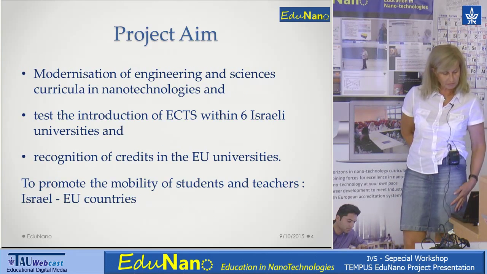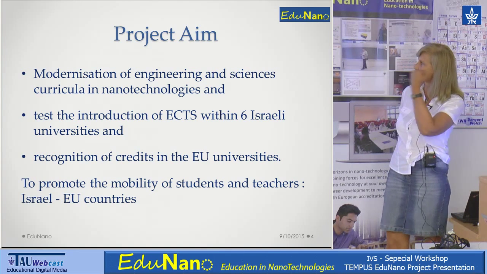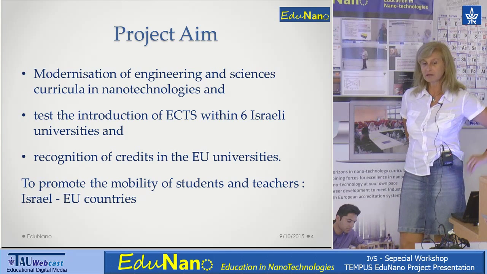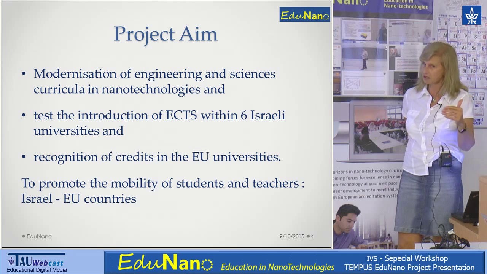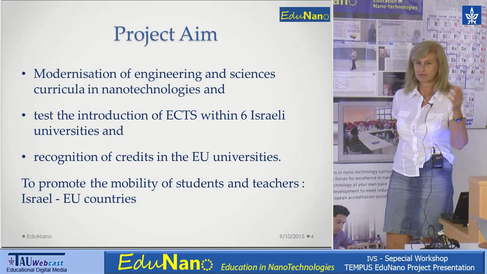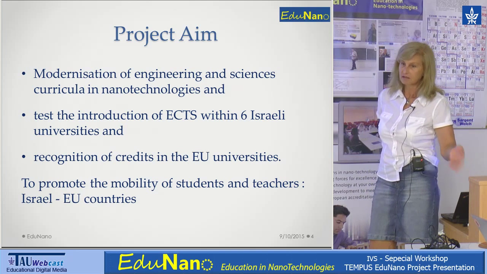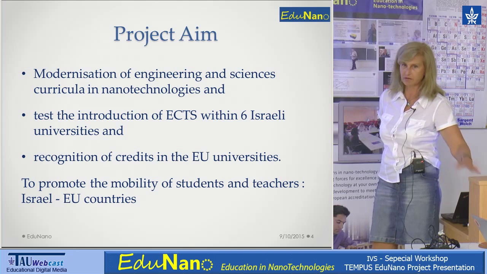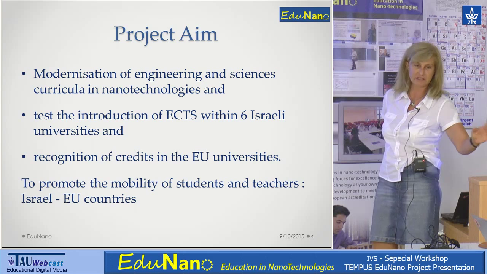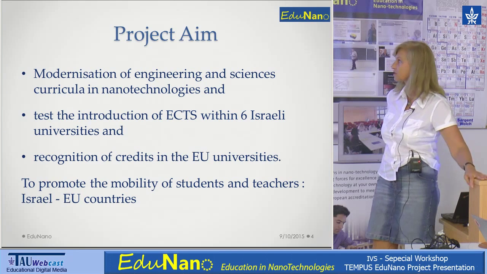The project aim is the modernization of education, so not to be so theoretical. We have a lot of ambitious goals, in fact, not only to start developing online courses in Israeli universities. A lot of them have started. We are very advanced in sciences and education, of course, but the idea is to collaborate and to share our knowledge and our competencies.